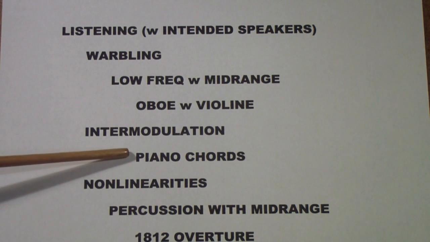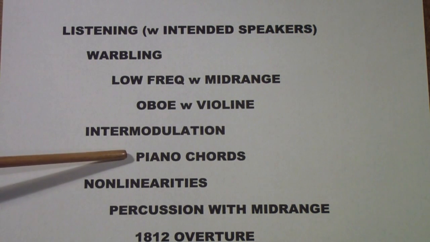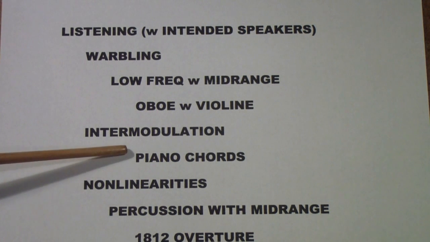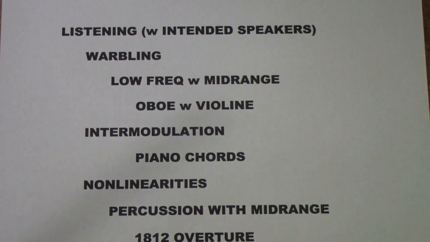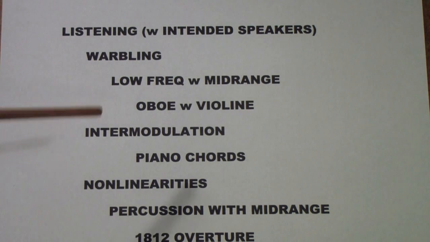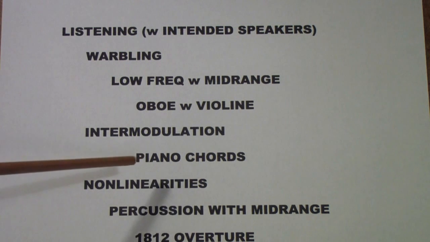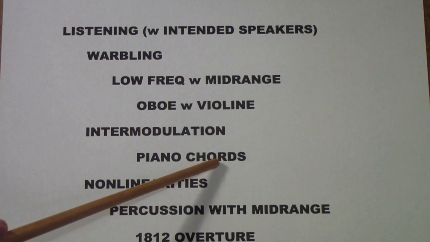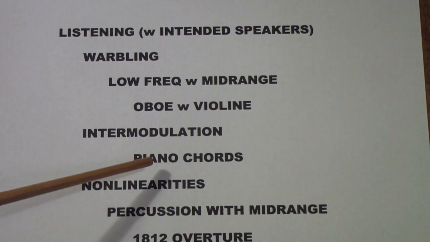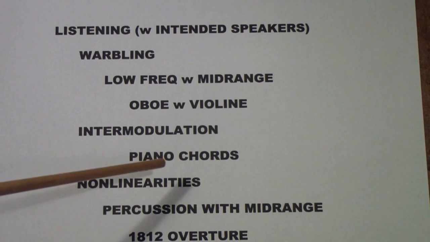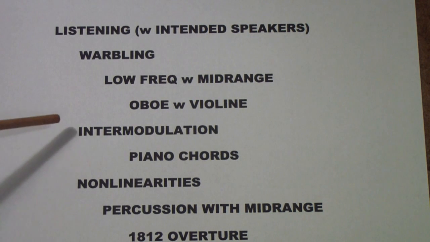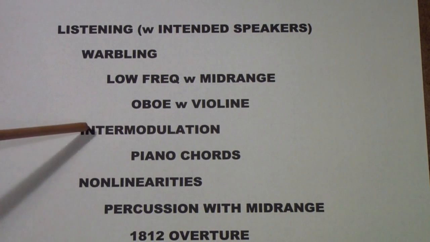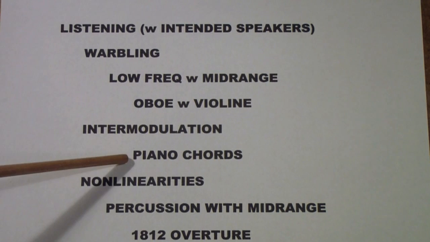Intermodulation. Piano chords are the best way, at least for me, to do this. And understand, I'm not an expert in this. I used to do this a fair amount, but that was 30 years ago. Particularly if you can find a situation where, for example, the same notes are being played in the melody, and then the chord comes in, you can often hear it sounds muddled when the chord is played.